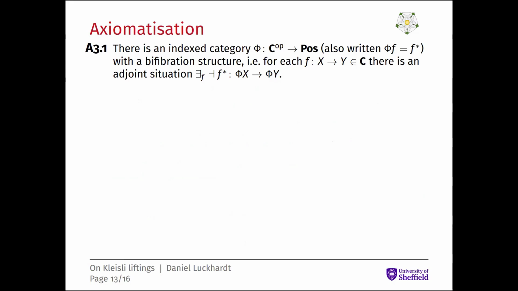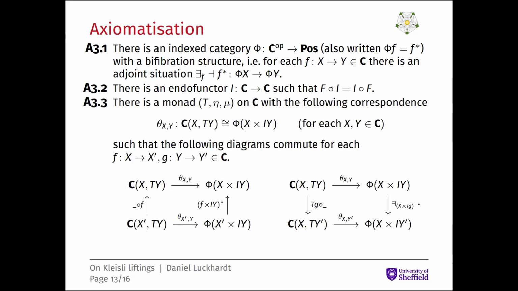We have again this phi that goes to POS and that admits a pre-image operation. Another word for that would be a bifibration structure. And we have our I again that commutes with the functor f. And we also have this theta, this identity for this fibered approach.